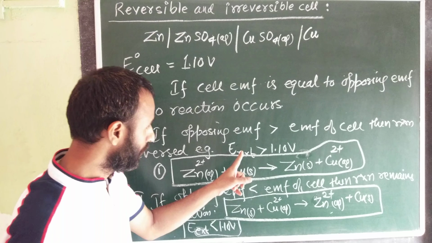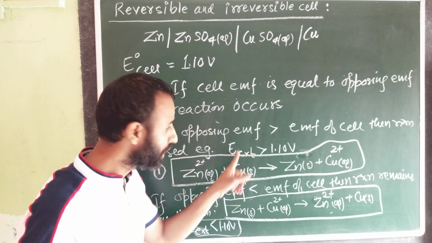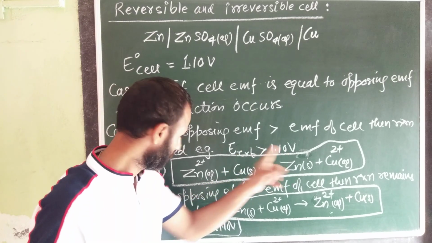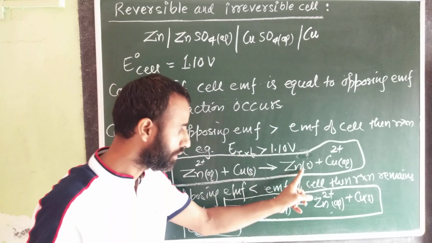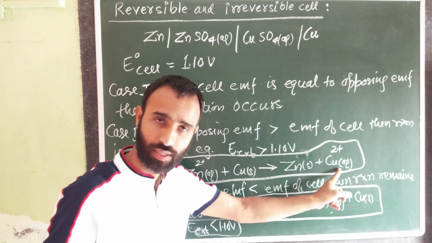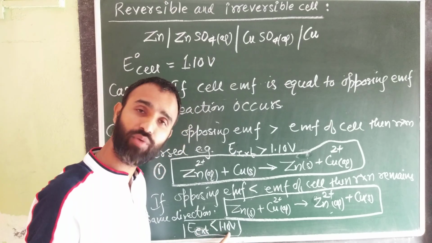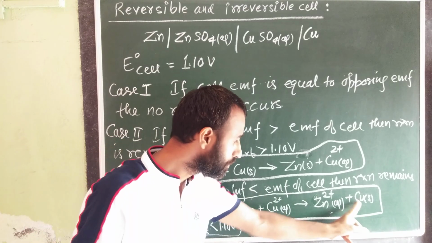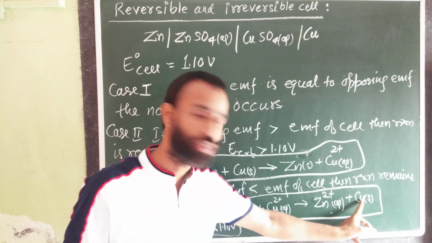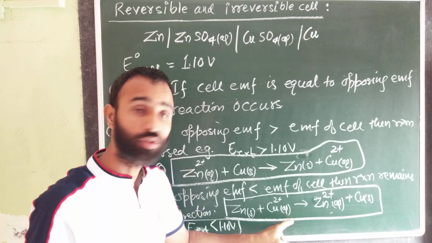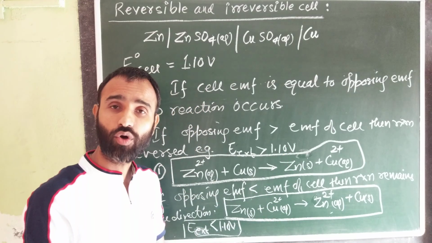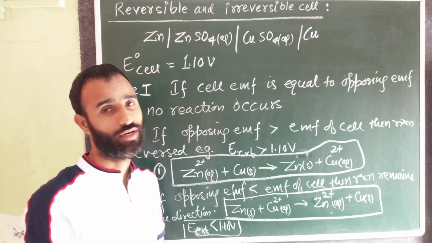If we apply an external potential greater than 1.10, zinc deposits, copper dissolves. But if the external potential is less than 1.10, zinc dissolves, copper deposits. Just reverse. So such a cell is called a reversible cell.